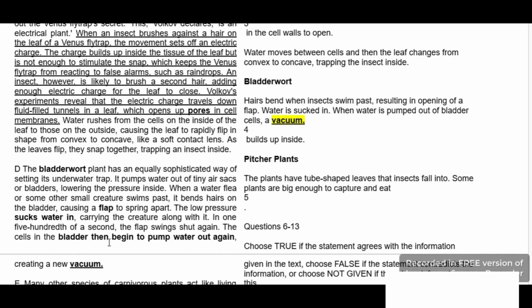Then the bladderwort pumps water out again and creates a new vacuum. Because a vacuum is an area of very low pressure, the bladderwort uses this vacuum to suck in water and prey quickly. That's exactly what the question describes: hairs bend, water is sucked in, and the vacuum fills in the trap set. So here the answer will be vacuum.